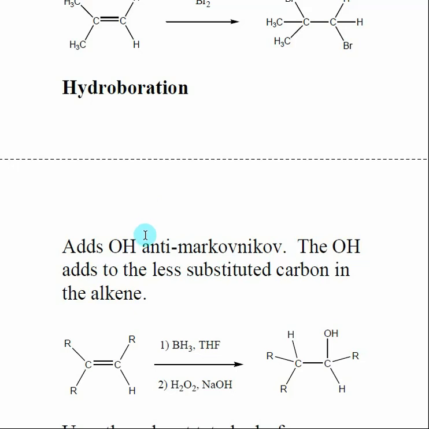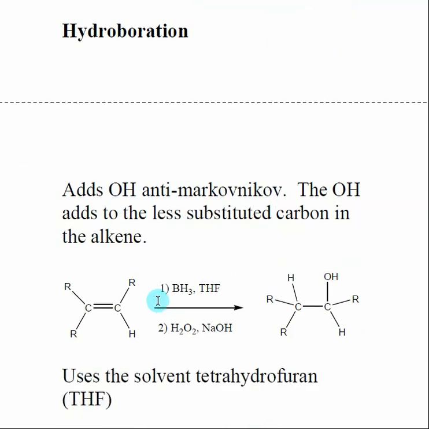Well, what happens if I want to add an OH to the other carbon? In this case, we mean anti-Markovnikov, where the nucleophile or the species that we're interested in goes on the less substituted carbon. In order to do that, I need to change my reaction, and this is where hydroboration comes in. So overall, we're going to be adding our OH anti-Markovnikov, which means to the less substituted carbon.